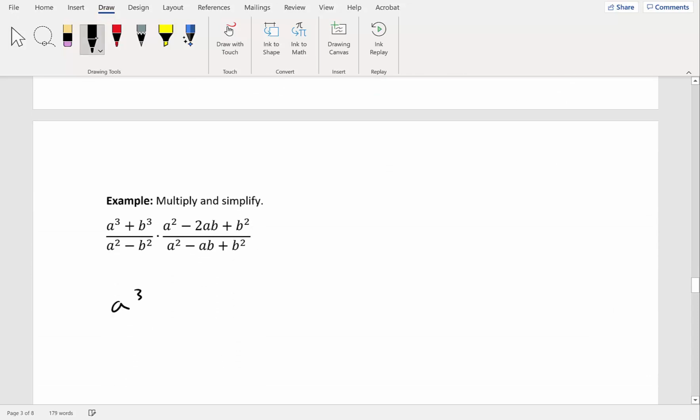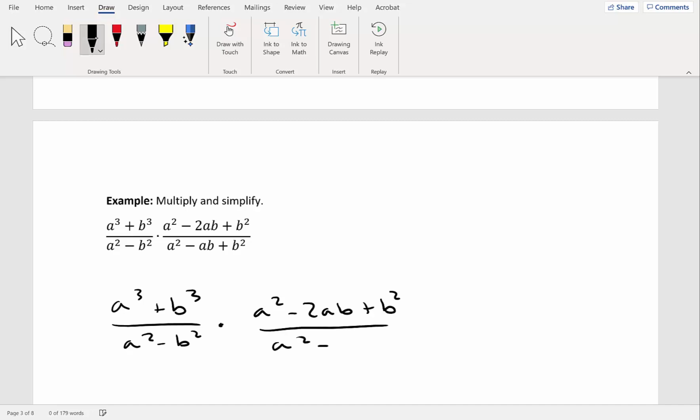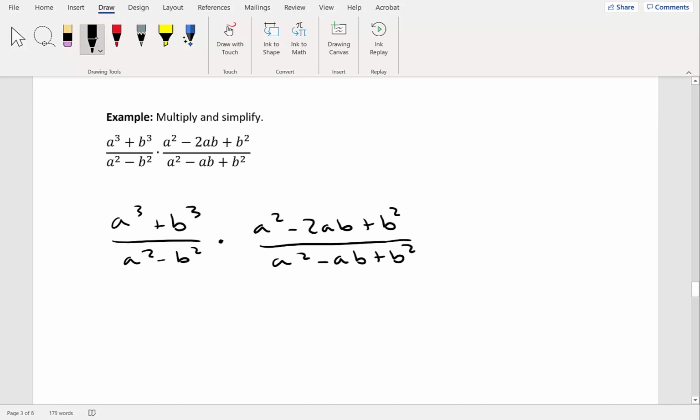So we have a cubed plus b cubed all over a squared minus b squared, times a squared minus 2ab plus b squared all over a squared minus ab plus b squared. Okay, so let's try to factor these out. Let's begin with the first fraction. The numerator, this is a sum of two cubes. So I could use my sum of two cubes formula and factor that out.